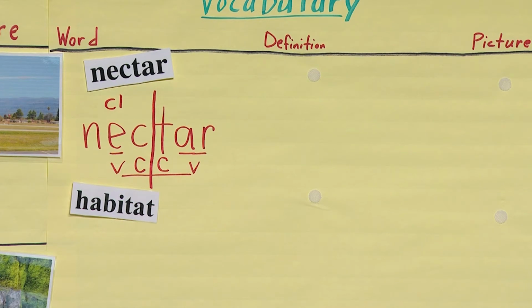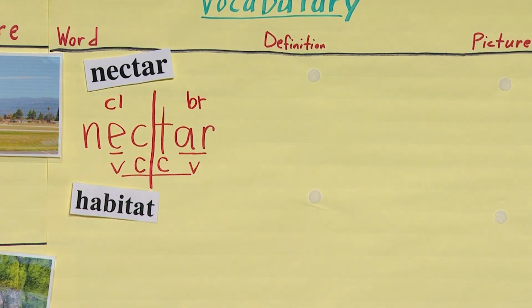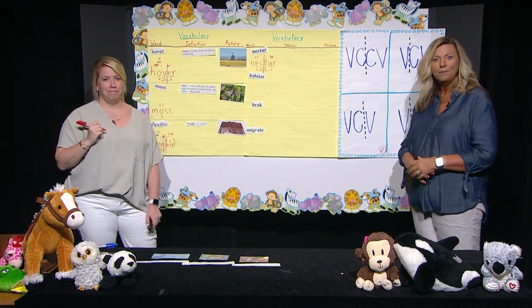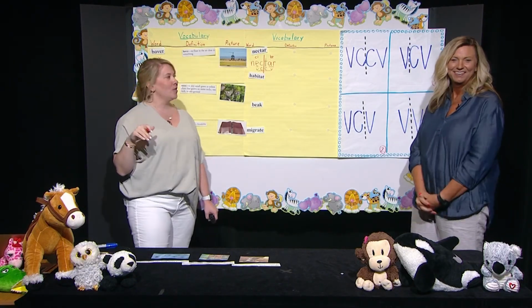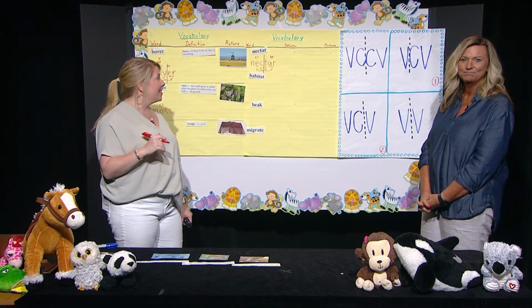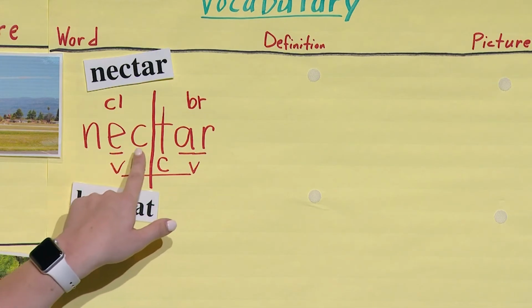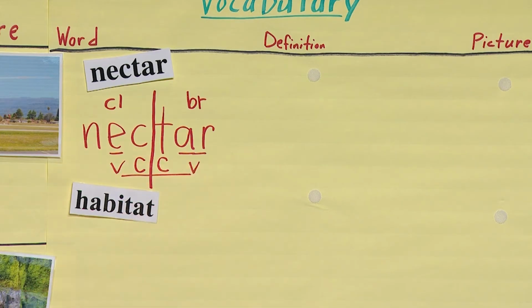Since this syllable contains an R-controlled vowel, we will need to label this syllable BR for bossy R. Looking at our posters, where do you all... Oh, that's okay, Miss Tammy. She got so excited. Boys and girls, we are going to move on to our next stage. What do you think we need to do next? Yeah, let's blend this word together. Can you help me? All right, here we go. Nectar. Nectar. That's great blending.